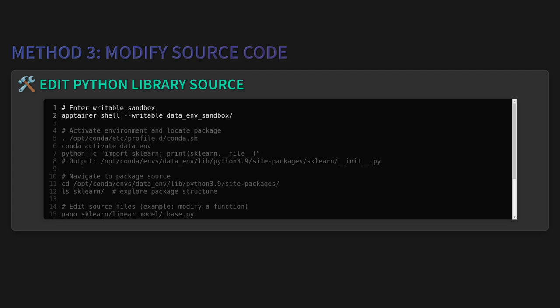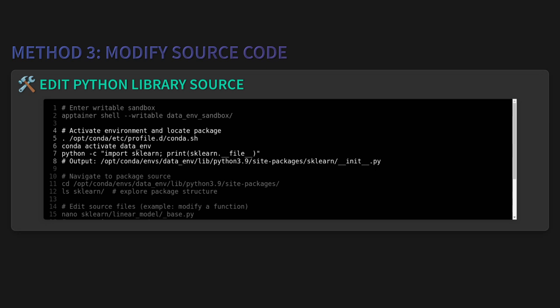The third approach is when we want to edit a Python library in source mode. As previously, we can modify it on the shell, or we can modify it directly from the file.